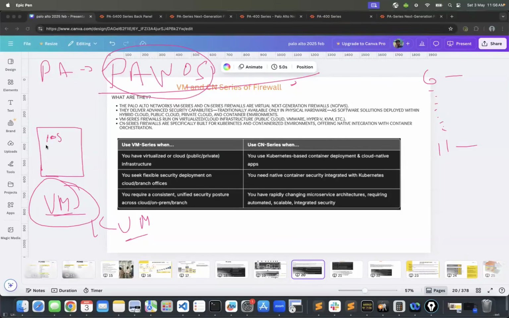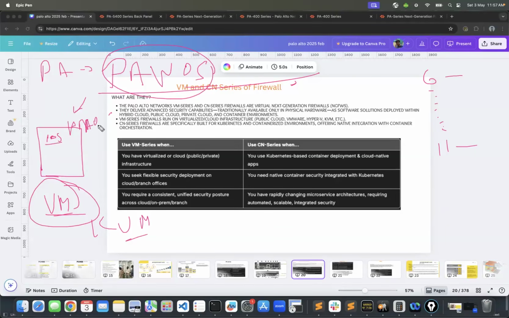Whoever worked in systems team, we just upload a VM of OS. You can make that VM a Linux box or a Windows box, depending on what OS you select. So in VM series firewall, we just select a PAN OS.